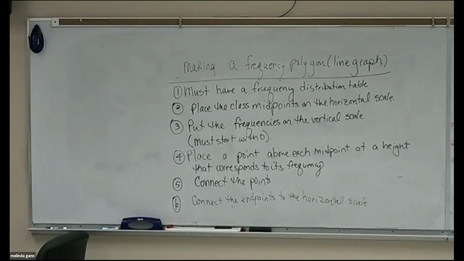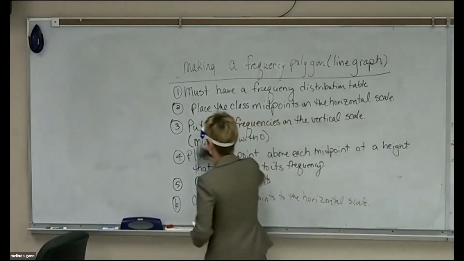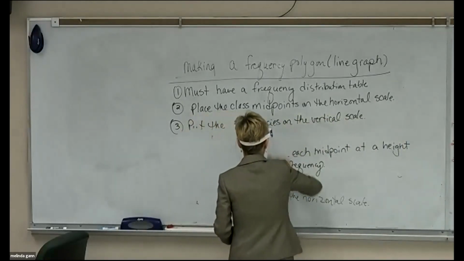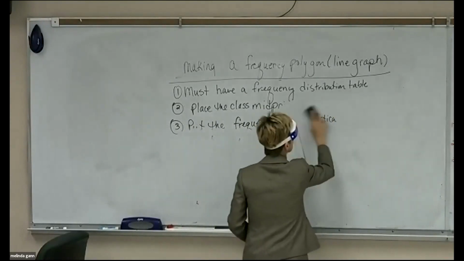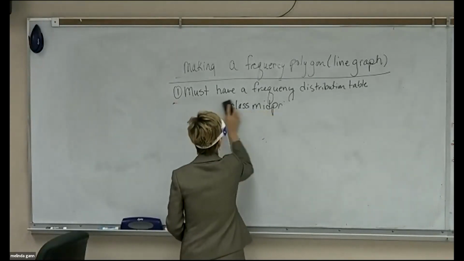Okay? Now we've got a third graph to go over, and it's something called a circle graph. Some people call it a pie chart, but mathematicians are going to call it a circle graph. Guess what step 1 is?